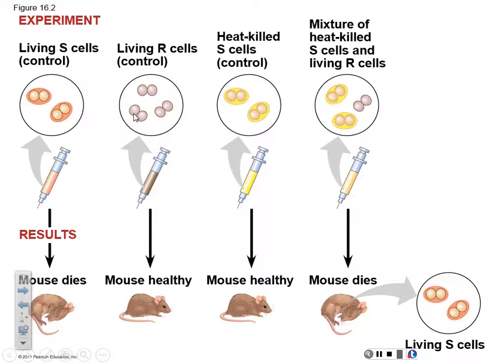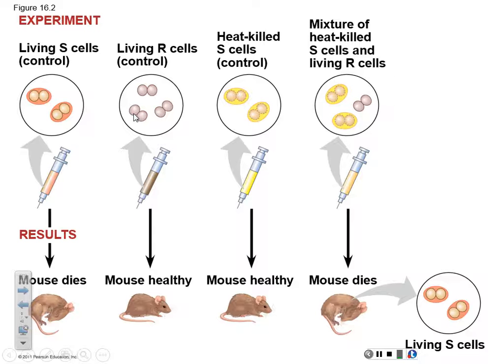And then here's the real strange leap. For some reason, he took dead, smooth bacteria, so he heat-killed them, put them in boiling water, and he mixed them with live, rough bacteria, and he took that mixture and squirted that into his mice. And guess what he found?